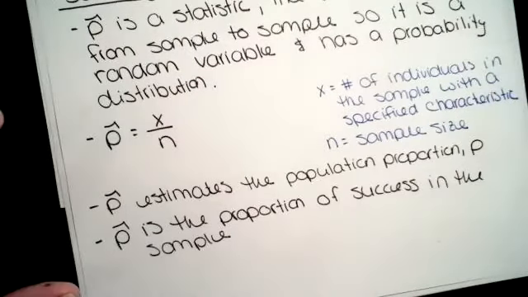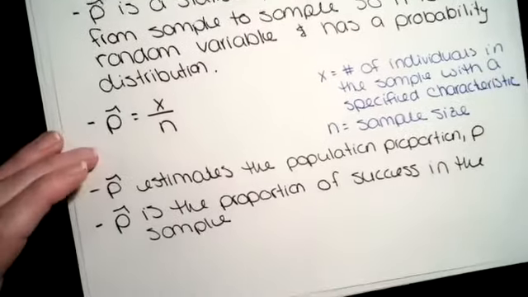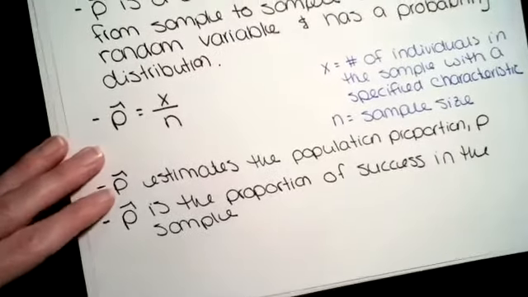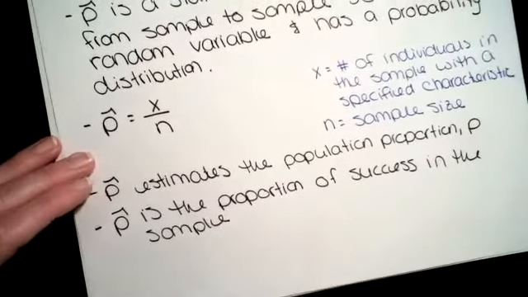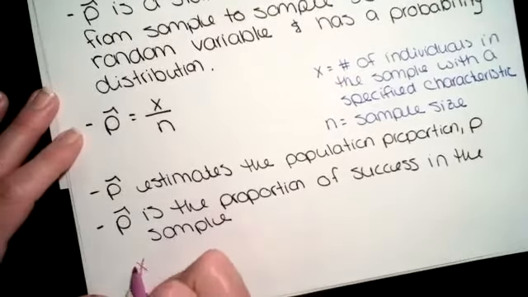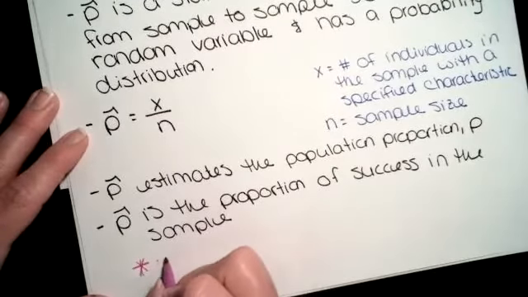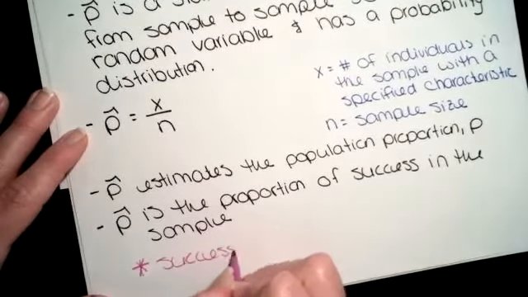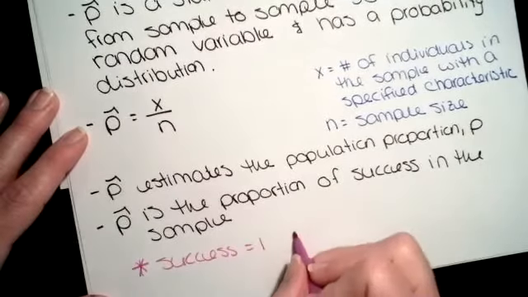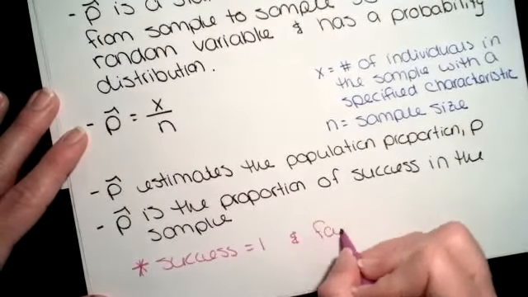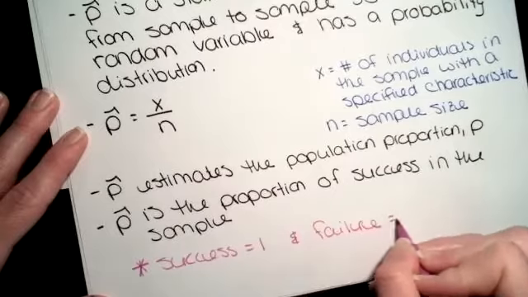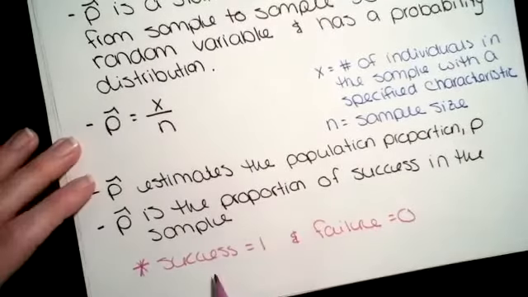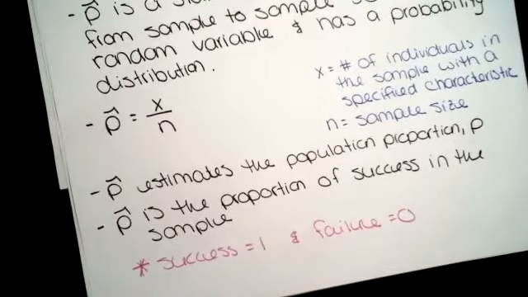We might see something like zeros and ones come up, meaning instead of yeses and nos, okay? So a success would be a 1, and a failure would be a 0. So we might see that. A success is a yes, a failure would be a no. So I just want you to be familiar. You're going to see different things out there.